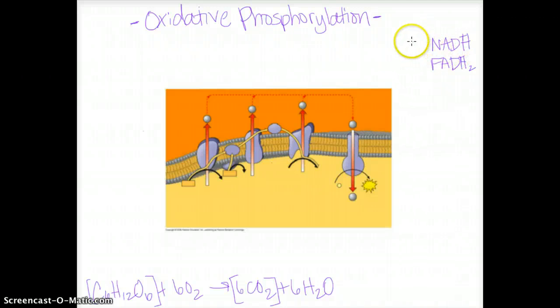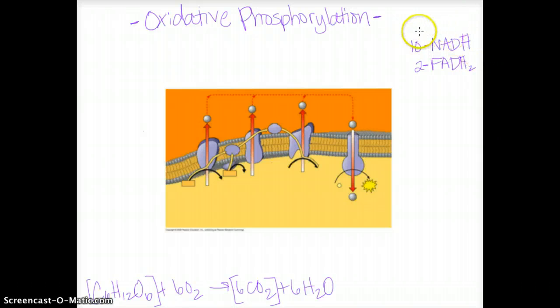We have gained 10 NADH molecules throughout this whole process so far, and we've gained 2 FADH2 molecules. The reason I bring this up now is because I've told you this whole time that we've formed some NADH and we're going to transport that to the electron transport chain, and I'll tell you about that later. Well, now is the time for me to tell you about that.